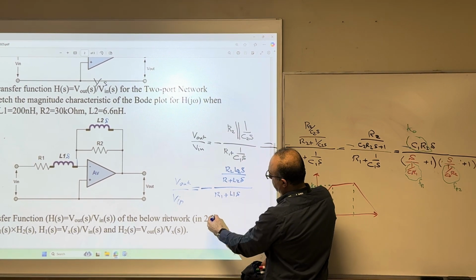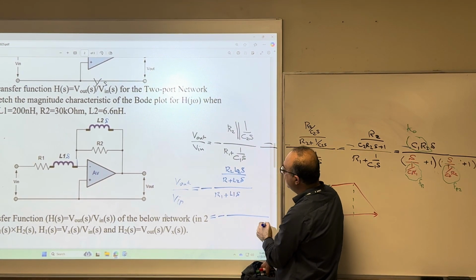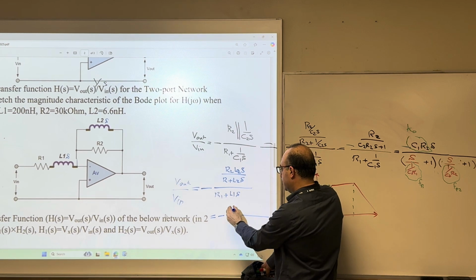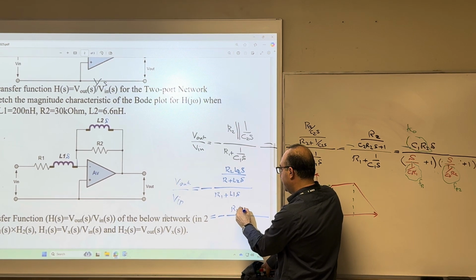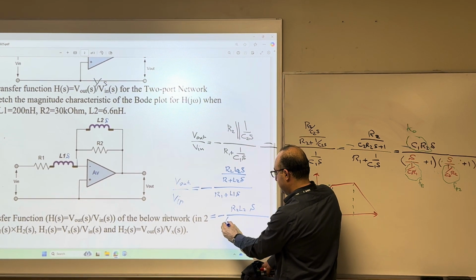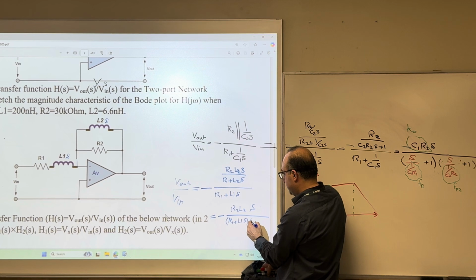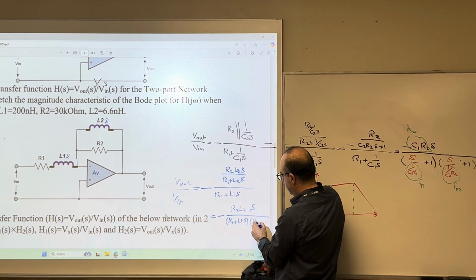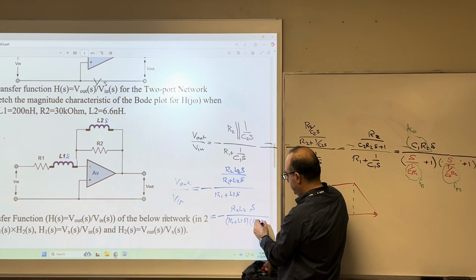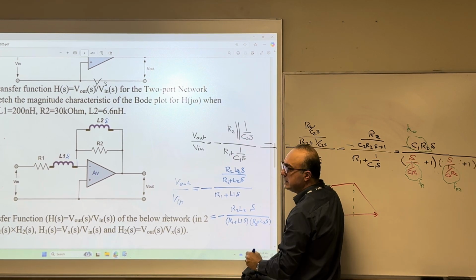So apparently this one is R2 L2S over R1 plus L1S, R2 plus L2S.